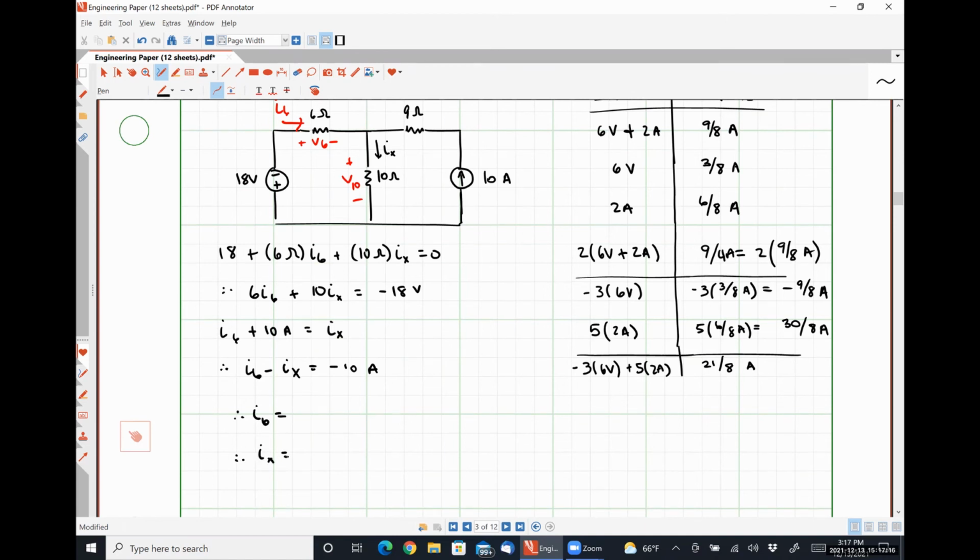I'm going to throw this into my calculator. Negative 18 goes there. Negative 10 goes here. I get negative 59 over 8 amps for I6 and positive 21 over 8 amps for IX.